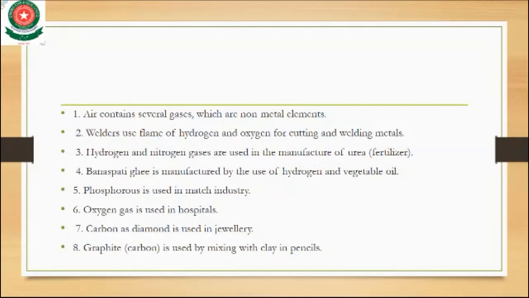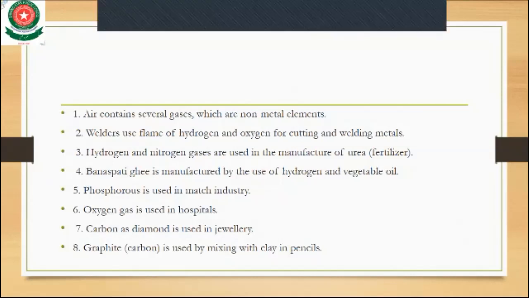Next, hydrogen and nitrogen are used for the manufacture of urea fertilizers. The fourth is vanaspati ghee, which is manufactured by the use of hydrogen and vegetable oil. And the fifth is phosphorus, which is used in the match industry.